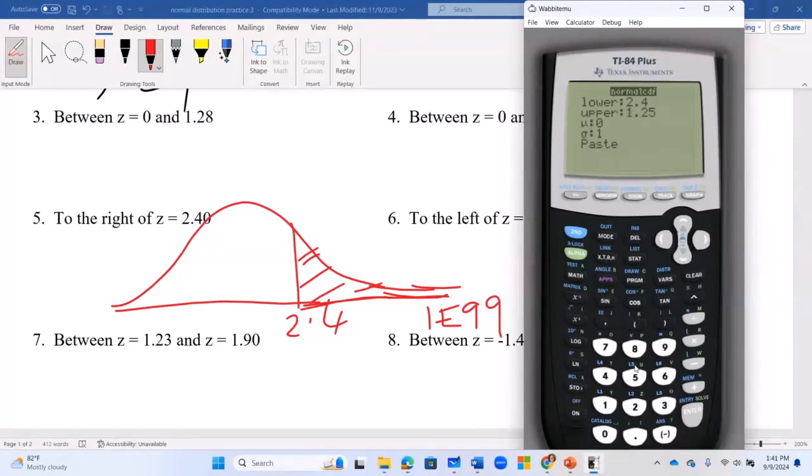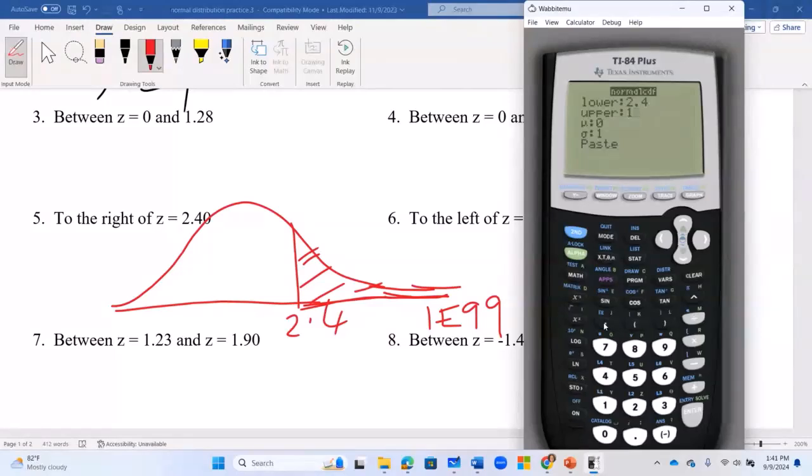I want to make sure you know how to type 1e to the power 99 again. I want you to be doing it like I'm doing it now. 1, second. Where do I get that e? The e is above comma.